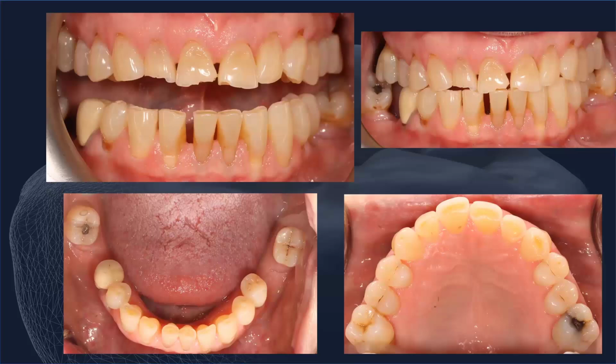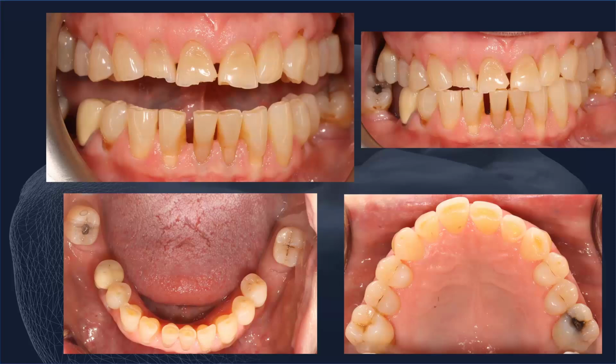Next patient. This patient came to see me because he had anterior teeth which were quite chipped, and he wanted to improve aesthetics. Now in here, you can see that apart from upper and lower 3-3, where you can see wear, the upper posterior teeth are not terribly bad actually.